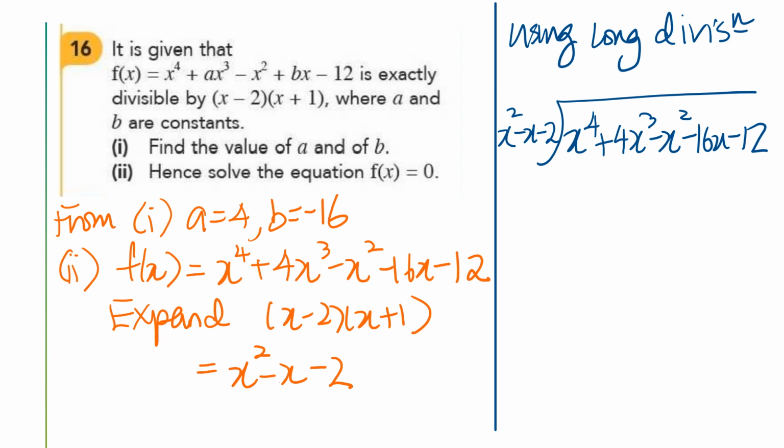So the first method I'm going to show you is using long division. Right, so if you recall, using long division, just take the first term of your dividend and divide by the first term of your divisor. So that will give you x squared. X to the power 4 divided by x to the power 2 means x to the power 4 minus 2, giving you x squared.